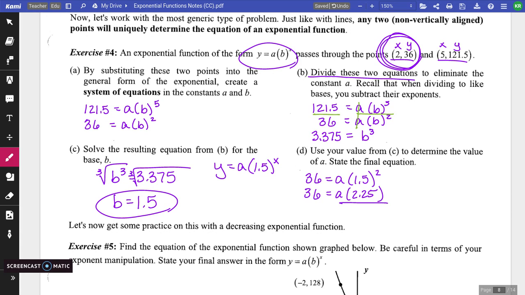And if I divide both sides by 2.25, a is 16. So now I can write my equation: a, 16, my initial amount, times 1.5 to the x power.